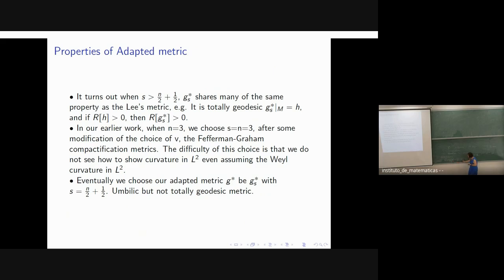conformal invariant. But then we need to handle the boundary term, because now the mean curvature of this metric G star with the boundary given is positive, okay? But it's not 0.